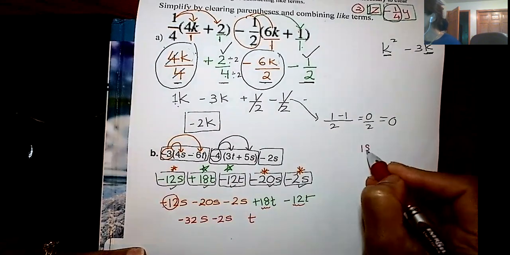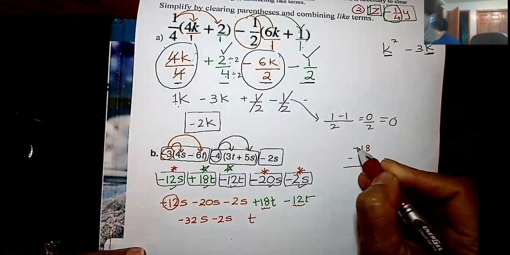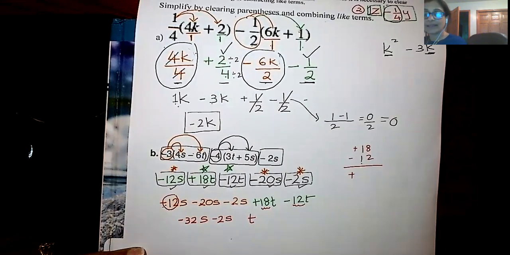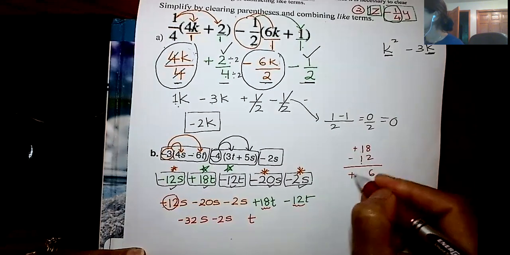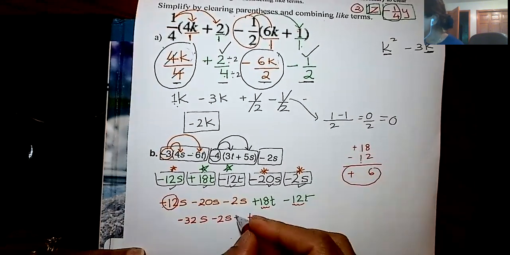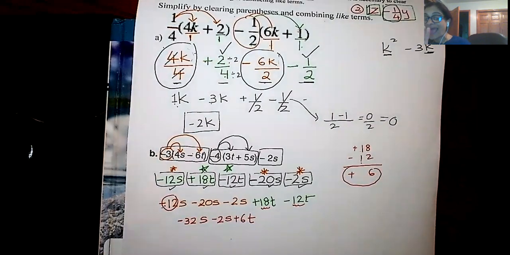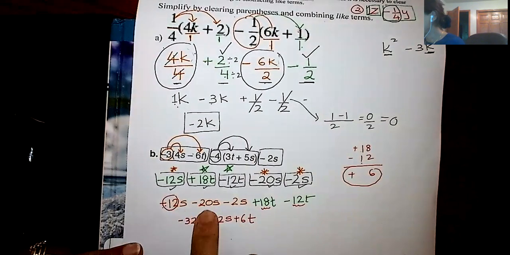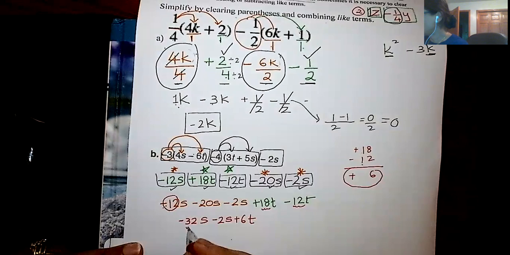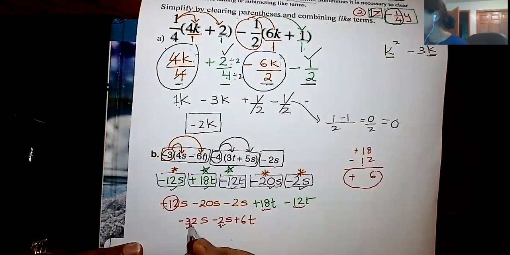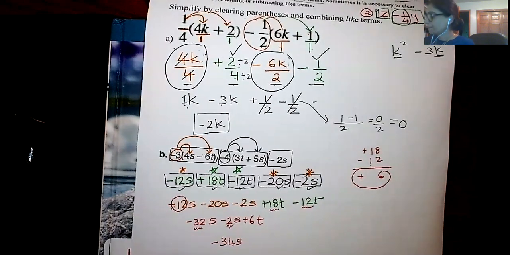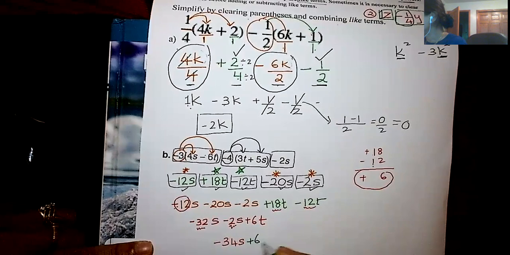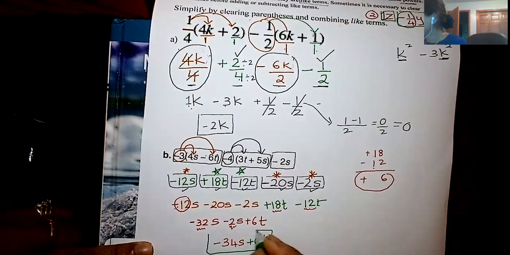When the signs are different, you're subtracting, and this is positive, so the final answer will be positive. 18 minus 12 is 6, so it will be positive 6t. So remember, when you're adding and subtracting, the variable stays the same. You're just focusing on the coefficient. Next, I'm not done simplifying the s. Negative 32, negative 2, is negative 34s, plus 6t. And that's my final answer.